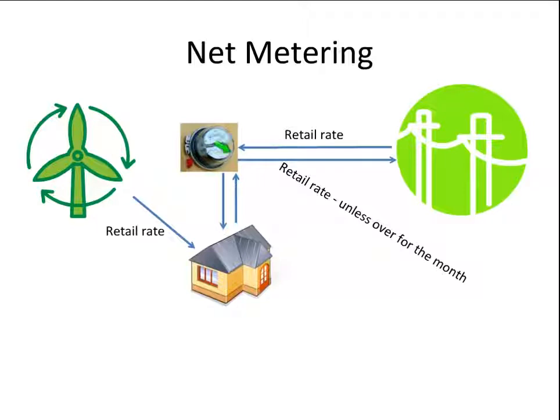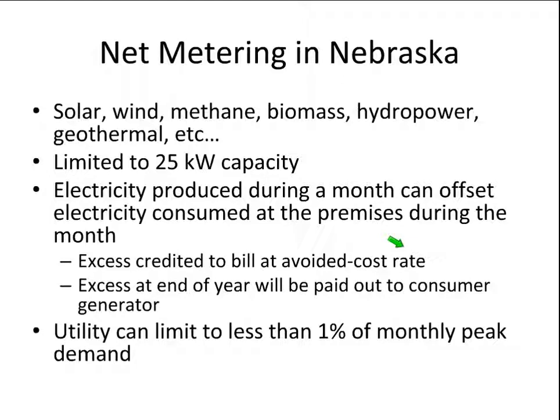And then if we need any power, we're not producing enough at any one time, we're purchasing that from them, with the difference being at retail rate. But if we created more, then we can go against our credit for that. Now, in Nebraska, that credit is only calculated on a monthly basis. Other states do that differently.